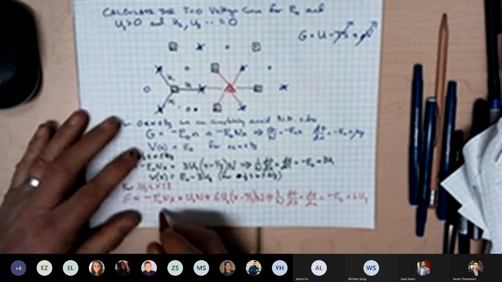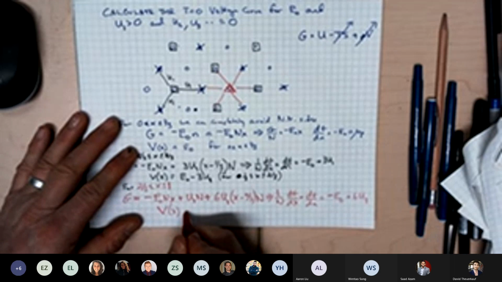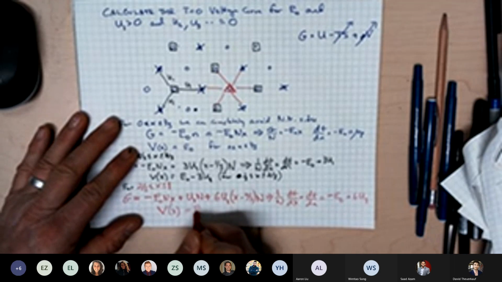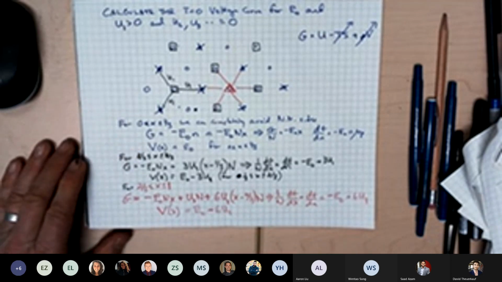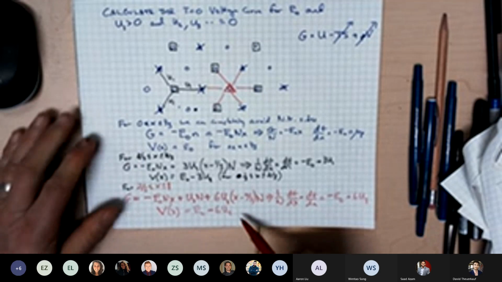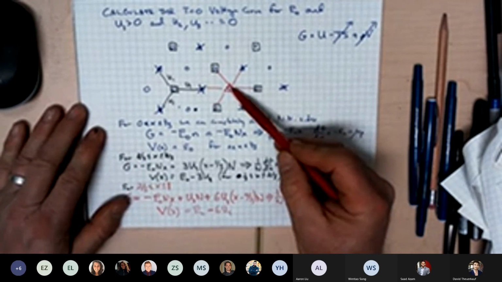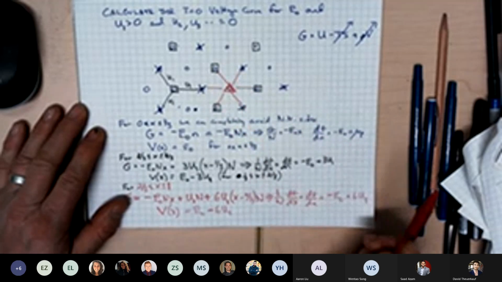So the voltage as a function of x is E naught minus 6U1 in this range of composition. And again, it's very intuitive because for every lithium that you put into one of these sites, 6 near neighbor interactions have to be paid.